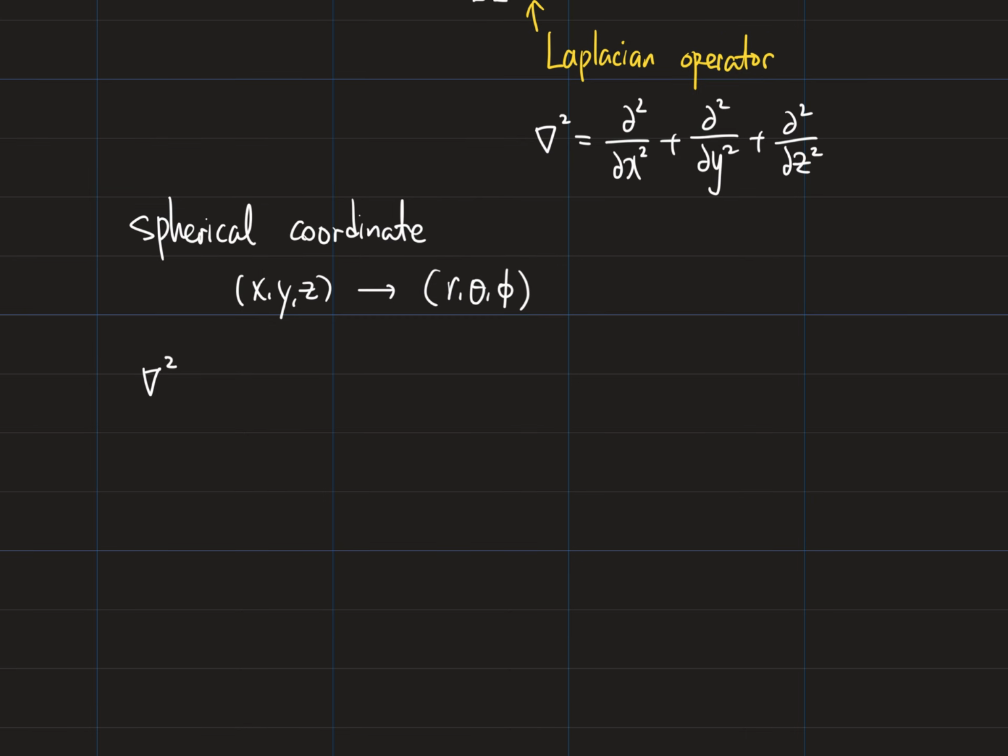This is a very long derivation and tedious mathematics, so we are not going to go through it together, but if you are interested, you can take a look at exercise problems 6-2 and 6-3. These two problems introduce the detailed procedure of how you can convert the Laplacian operator in the Cartesian coordinate to the spherical coordinate. So let's just accept the final result. So it's 1 over r squared.